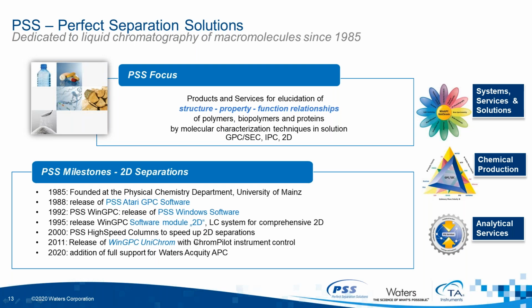All enhancements had the basic idea to allow for faster, more precise and more meaningful results. And the latest addition in 2020, which we will talk about today, was adding the full support for the Waters APC system to the WinGPC UniChrom Chrome pilot.